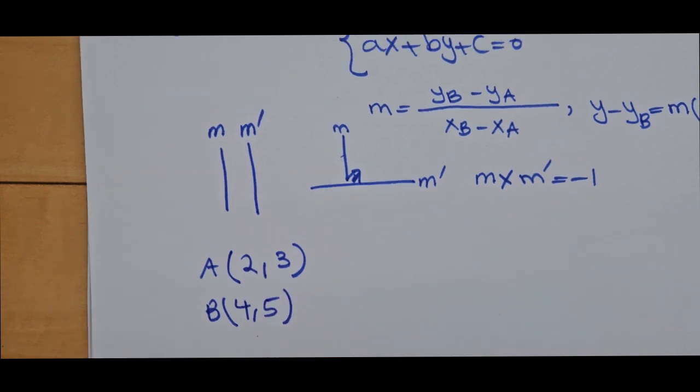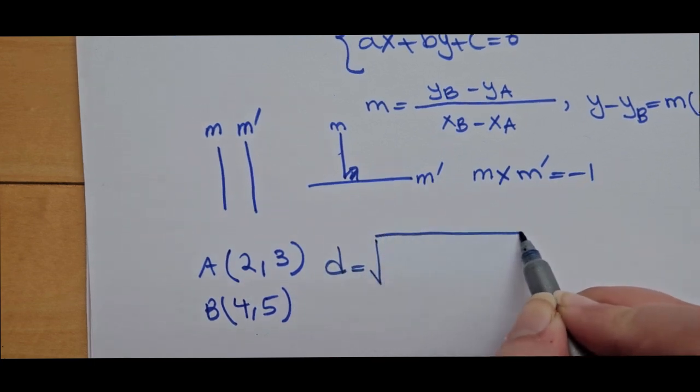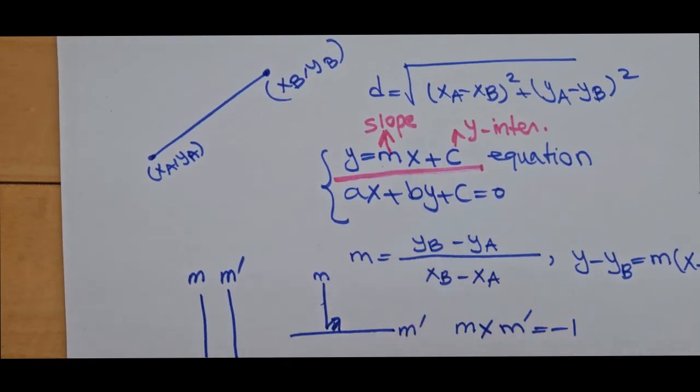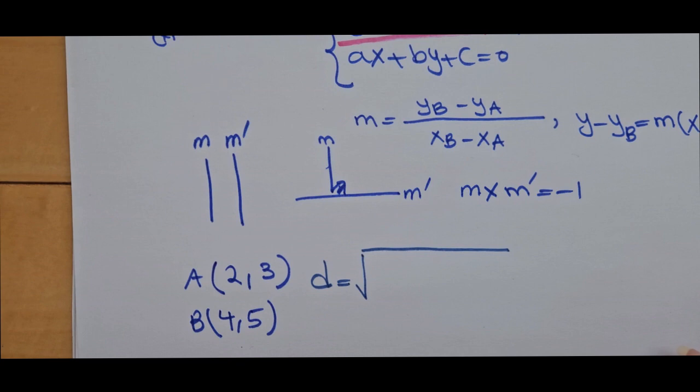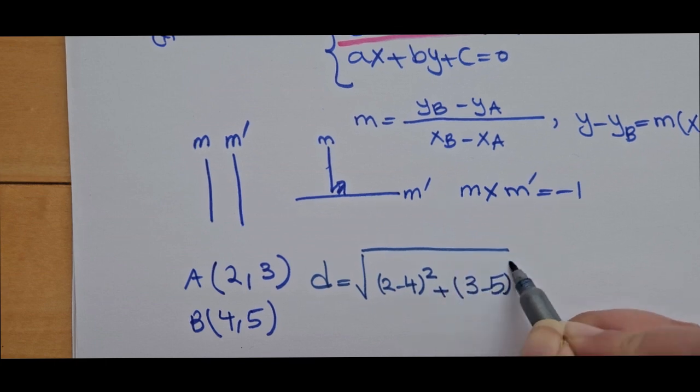Okay, and then they ask us a few different questions. First of all, they ask us to find the distance between these two. To find the distance, this is the formula I have. If you remember, you just have to plug it in. So you would say (2 minus 4) to the power 2 plus (3 minus 5) to the power 2.